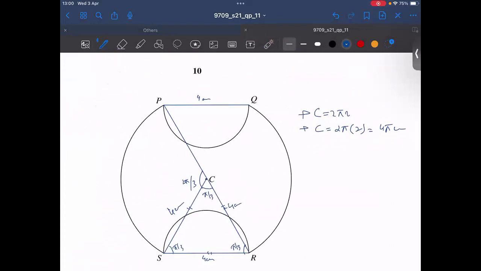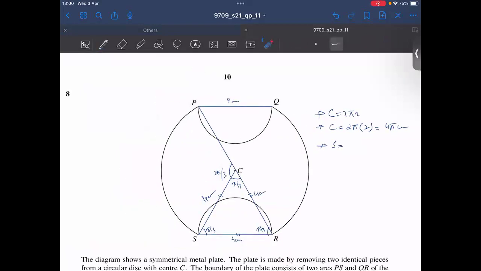And then we have the arc length, or curved length. So s equals r theta. This is the arc length of the circle.